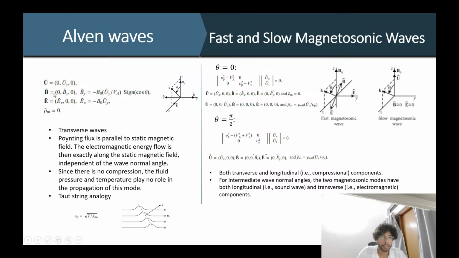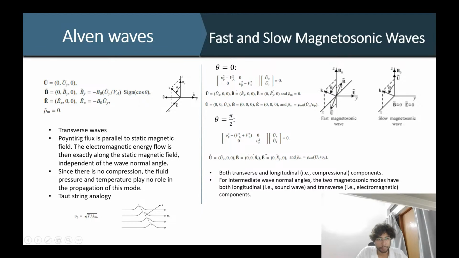So other things I think you might have noticed. These are transverse waves, transverse because k dot u is zero. And also, if you see the Poynting flux, which is E cross B, it's X cross Y, which will be in the Z direction, which is perpendicular to the velocity, the direction in which the fluid is moving.